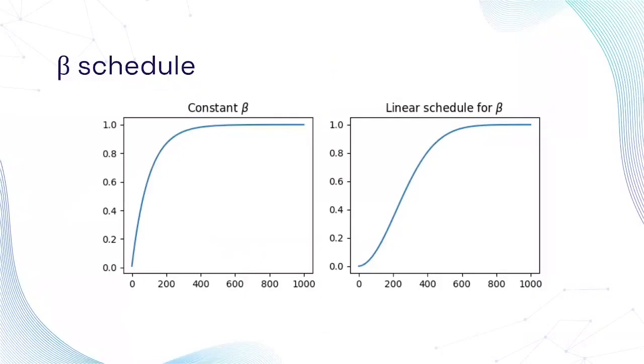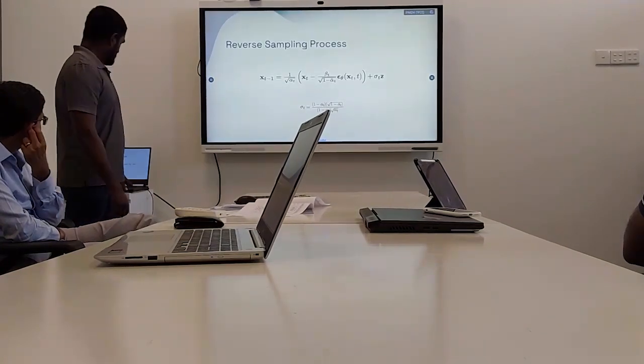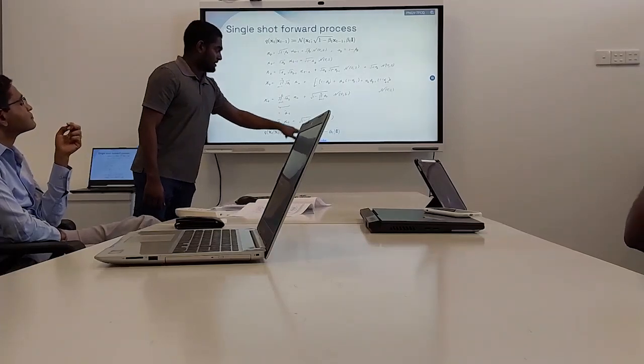And this is where the beta value comes in: why we need to use a schedule for beta instead of using the same beta. I'm sorry, I haven't mentioned that the y-axis is actually the variance, so this term is the y-axis.